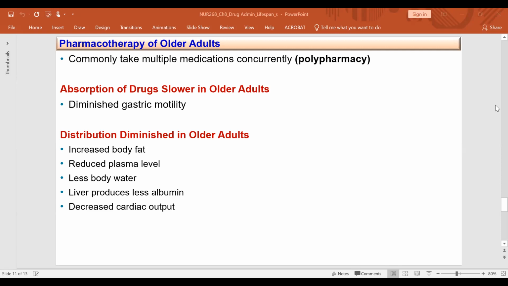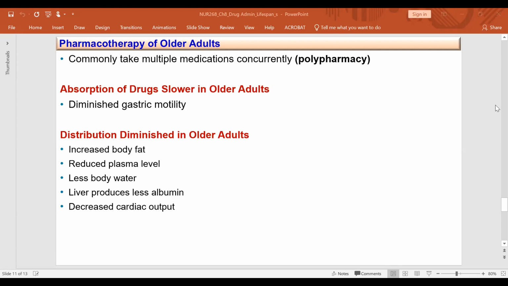Geriatric patients experience more adverse drug reactions compared to younger patients. The response may be different or more severe than what is seen in the younger population.